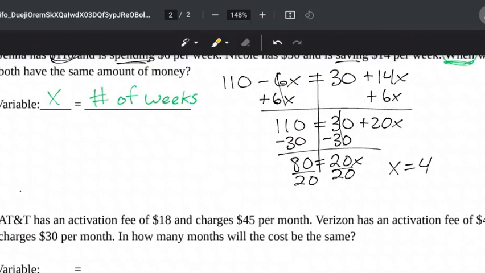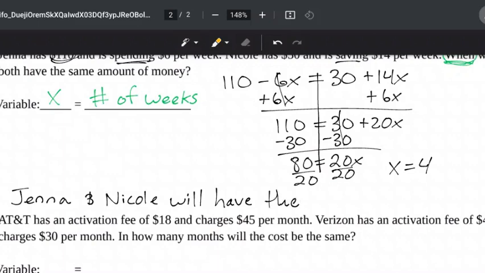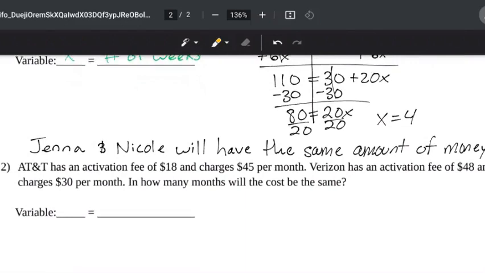And we will say Jenna and Nicole will have the same amount of money after 4 weeks. Okay. All right. Number 2.